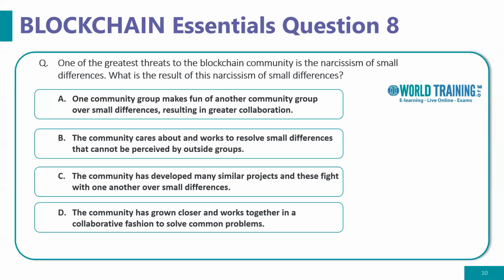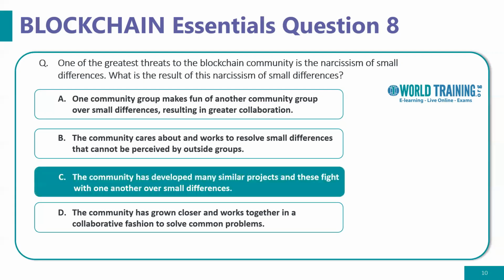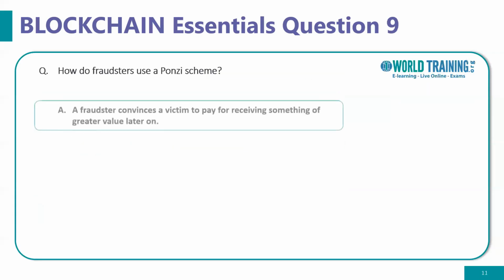So the correct answer for this question is option C, which is the community has developed many similar projects and these fight with one another over small differences. So that's the answer for question number 8.